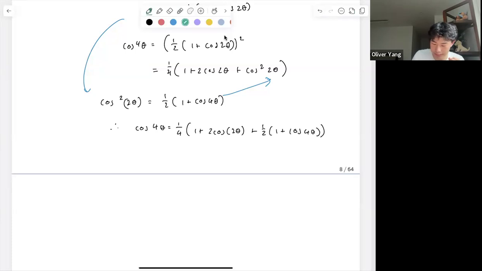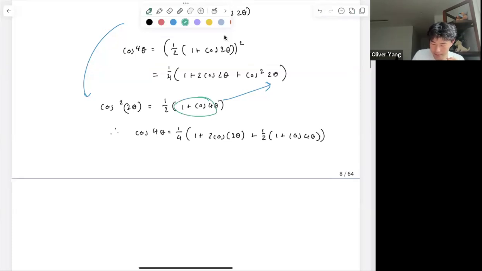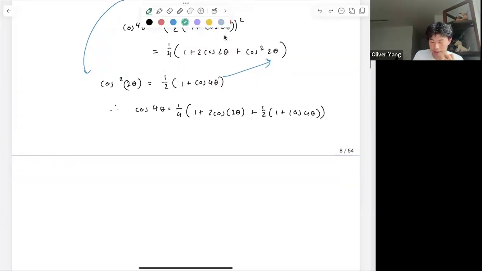We're just substituting this into here and rewriting it. If we expand this, we will get 3 on 8 plus 1 over 2 cos 2 theta plus 1 over 8 cos 4 theta.